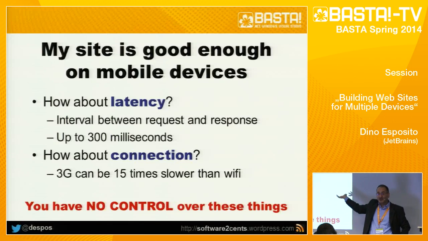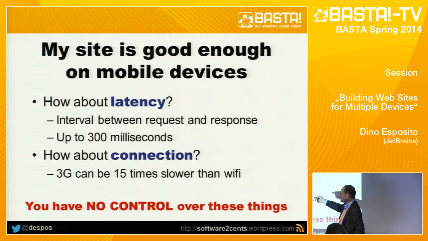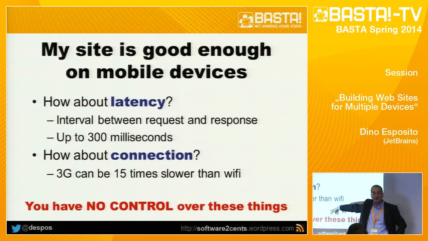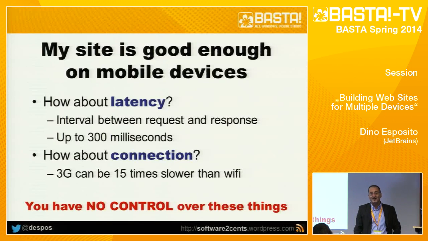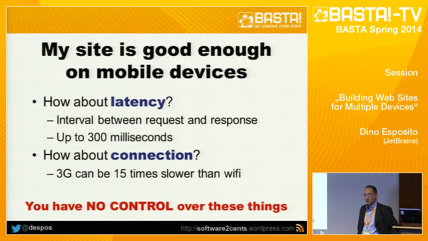Similar things can be said for the connection, which on 3G can be up to 15 times slower than Wi-Fi. More importantly, you have no control over these things. At best, you can detect the type of connection you're having.